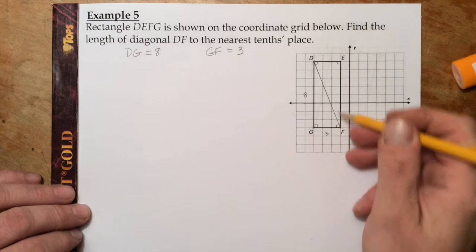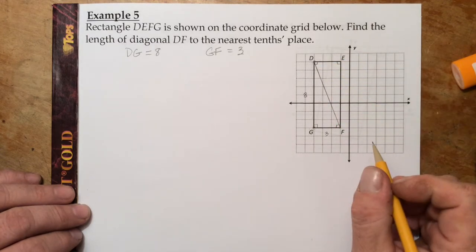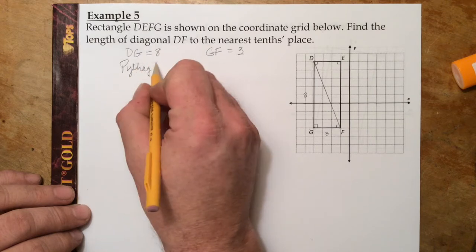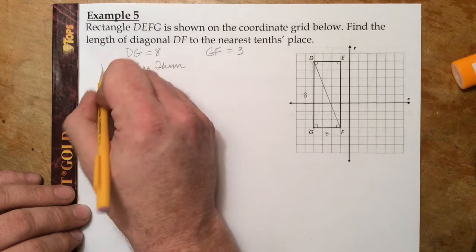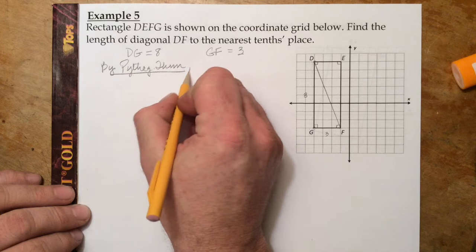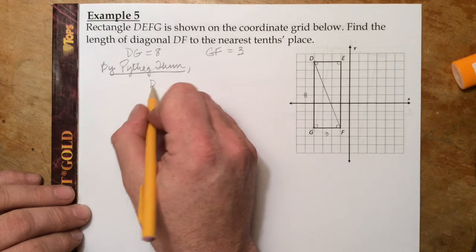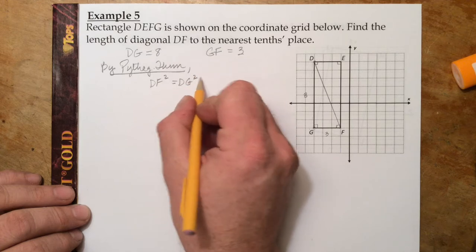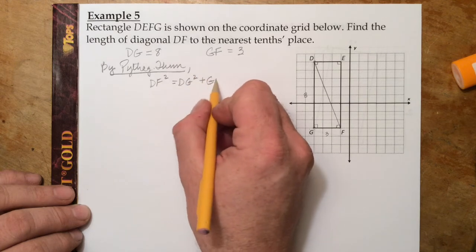To find the length of the diagonal, we use the Pythagorean theorem. By the Pythagorean theorem, we have DF squared equals DG squared plus the other leg, GF squared.